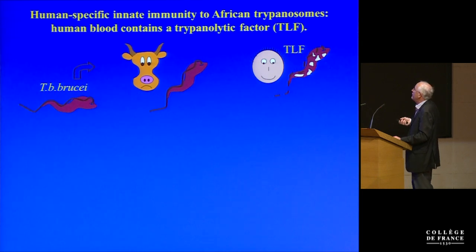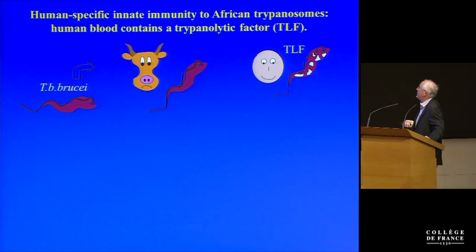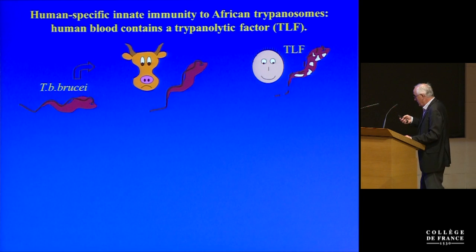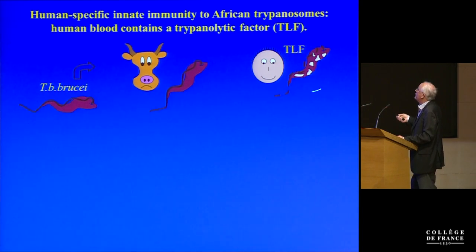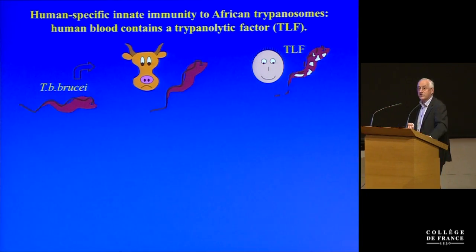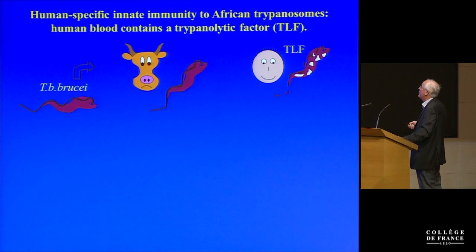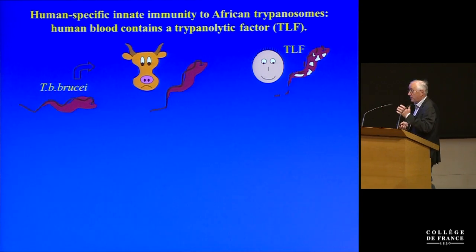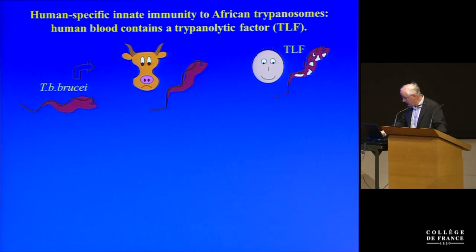So in the case of humans and gorillas in particular, there is something in the blood that was called the trypanolytic factor, or in short TLF, that protects us very, very efficiently against infection by the parasite. So it's a special system of innate immunity that protects us against this given parasite.